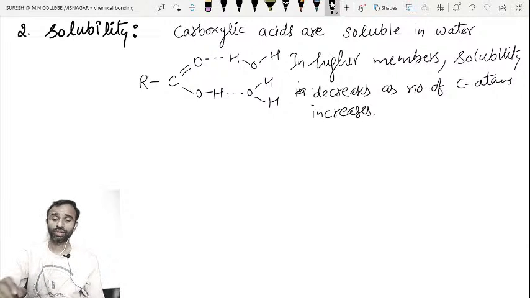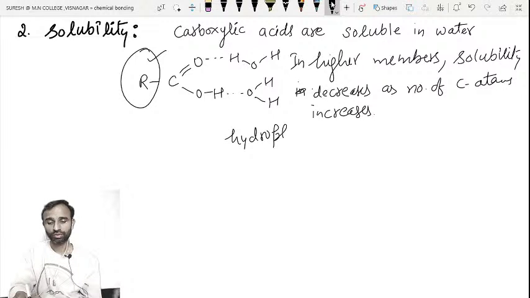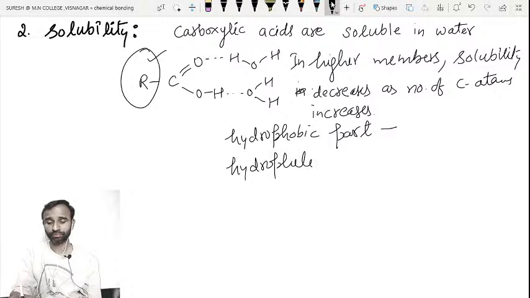Because when the number of carbon atoms increases, the hydrocarbon part increases, so hydrogen bonding becomes less efficient, right? Because of the increase in the hydrocarbon part, the hydrophobic part, solubility decreases. The hydrophobic part is the alkyl group and the hydrophilic part is COOH.